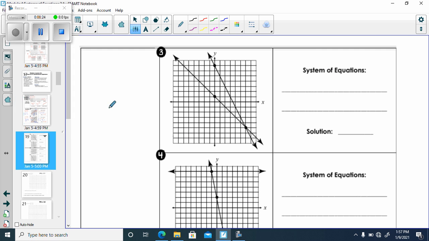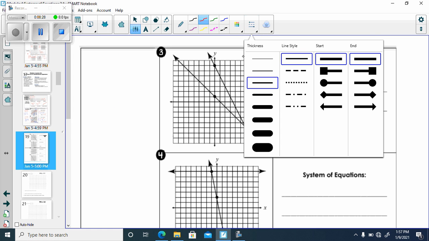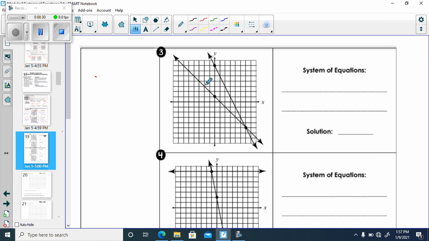Go to the next page in your packet. Number 3, it asks us for our solution. Remember, the solution is where the two lines intersect. The solution is simply where the two lines intersect.